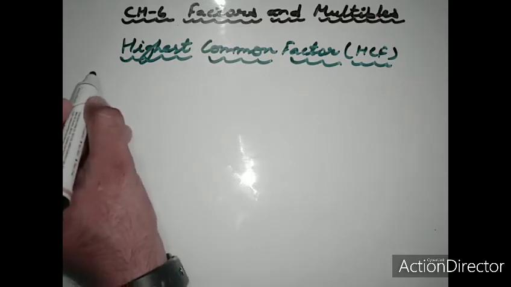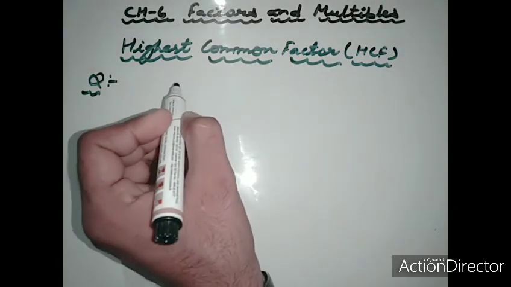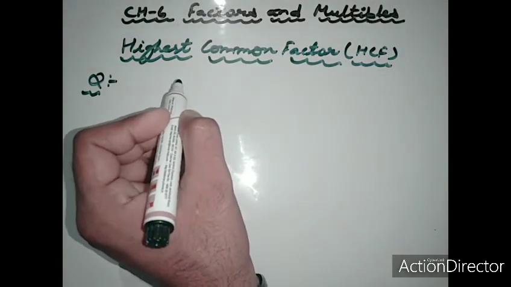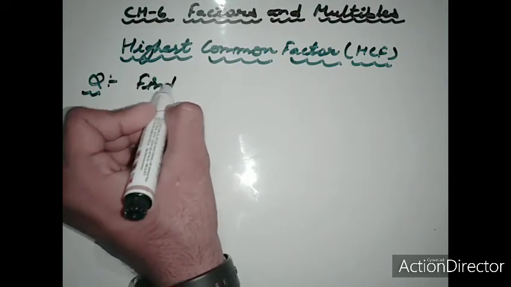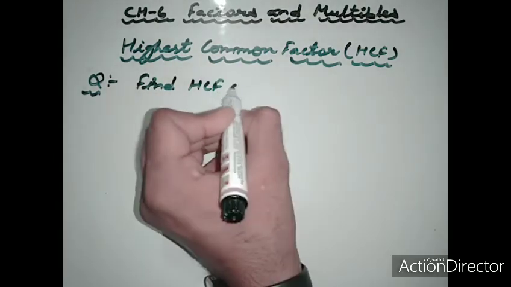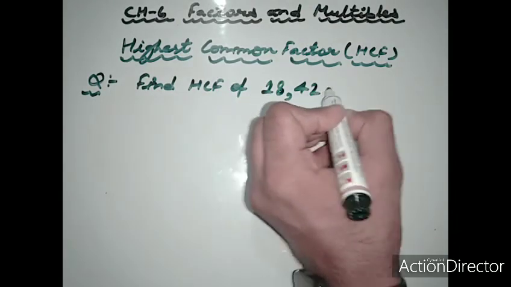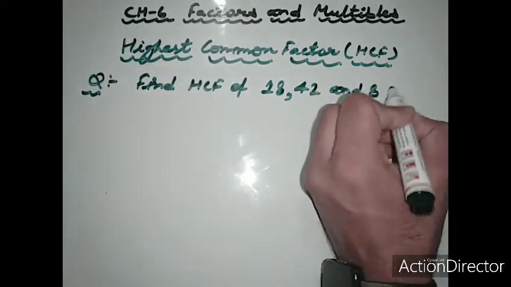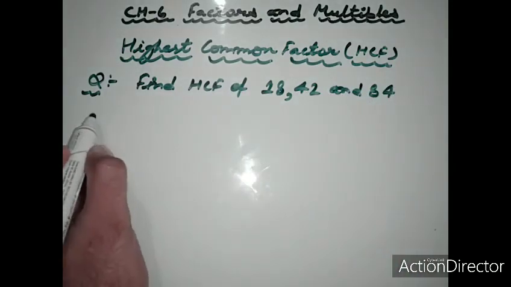So here we solve one question related to this method, and here we find the HCF of given numbers. The question is: find the HCF of 18, 42 and 84 by using the continuous division method, right?